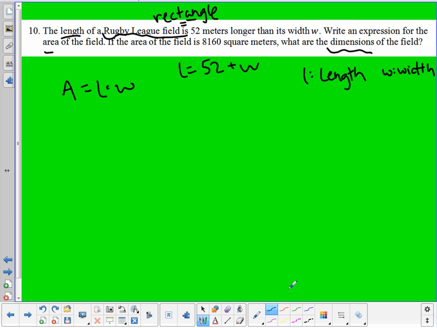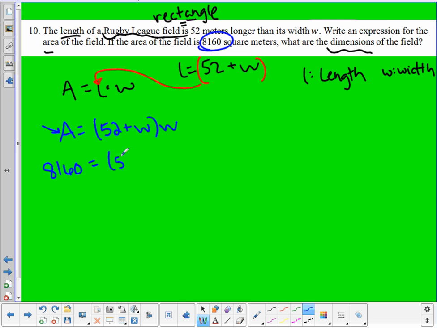So now I know I can take this 52 plus W and I can plug it in for L. So that gives me area equals 52 plus W times W. And then the other thing that I'm told is that the area is 8,160. So I'm going to go ahead and plug that in for my area. 8,160 equals 52 plus W in parentheses times W.